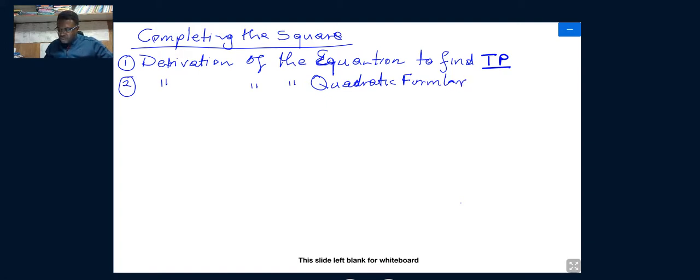This is what we are going to do. Just these two things. And I will show you in a general form so that you'll be able to apply it on your own. I will not use examples here.